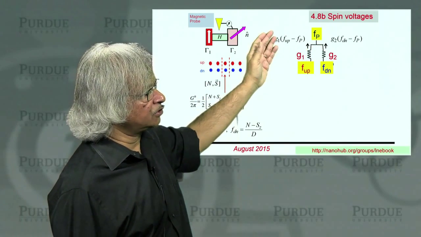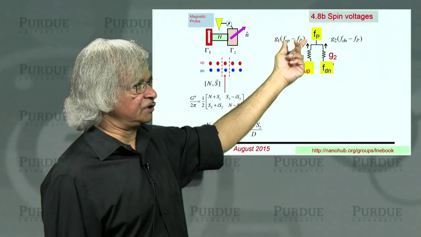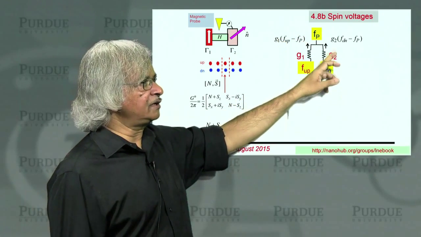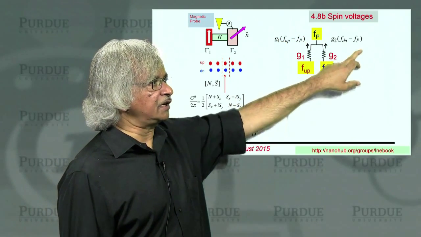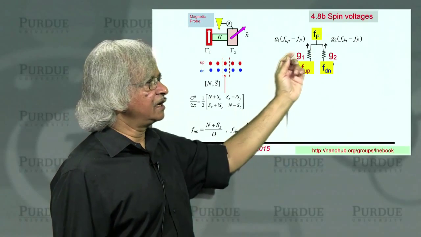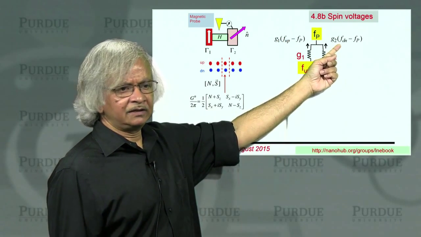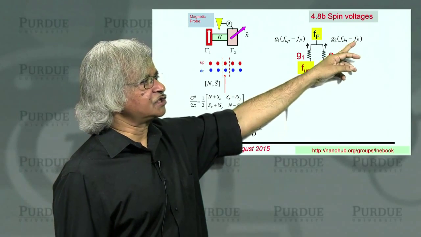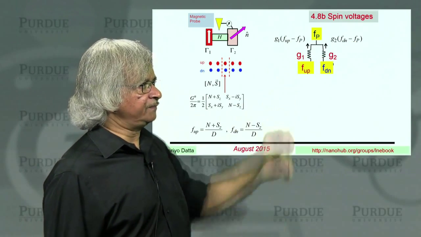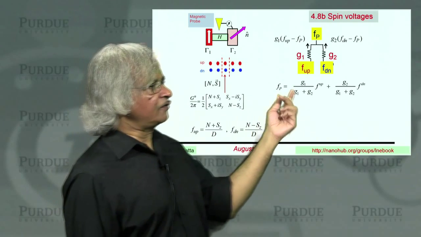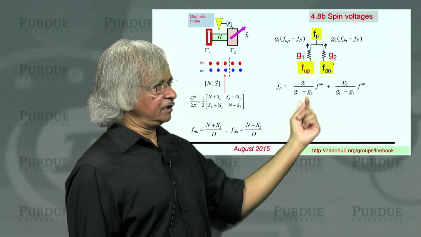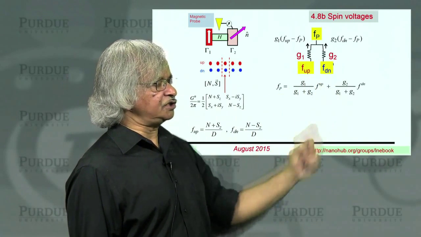Well, it's proportional to the conductance times the potential difference. And this one is again this conductance times the corresponding potential difference. Now, if I set this plus this equal to 0, then with a little algebra, I can solve for Fp. And that will give you Fp equals this quantity in terms of this G1 and G2.